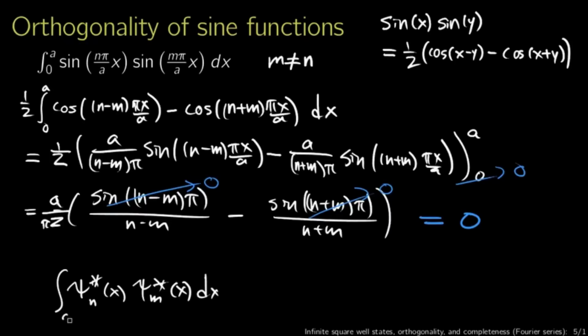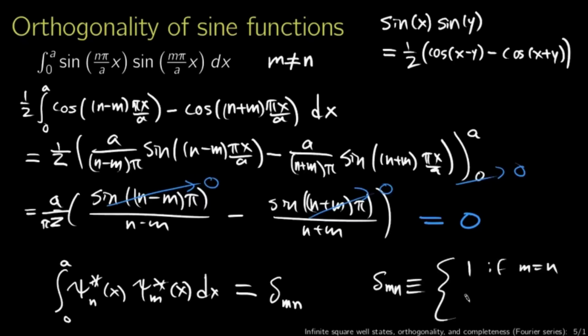Now the integral is from 0 to a, is equal to, I'm going to write this in terms of something called the Kronecker delta, delta mn, where delta mn is defined to be 1 if m equals n, and 0 if m is not equal to n.